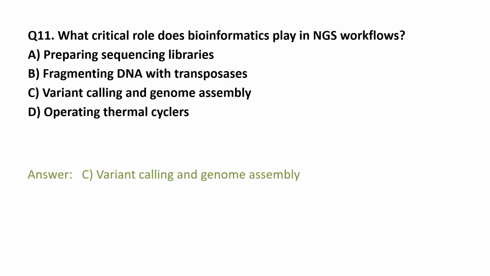Specifically, bioinformatics is essential for variant calling, identifying genetic variants such as single nucleotide polymorphisms, insertions, deletions, and structural variants by comparing sequencing reads to a reference genome. And genome assembly, aligning short sequencing reads to reconstruct the entire genome or mapping them to a reference genome for analysis. So the answer is variant calling and genome assembly.